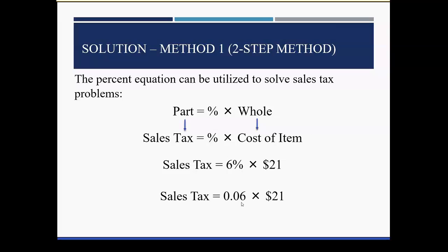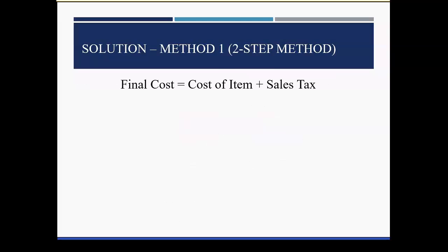So I did that next, and then I multiplied to get my sales tax. So sales tax on this $21 item would be $1.26, which then means for my final cost, I just add that on. My final cost would be $22.26.